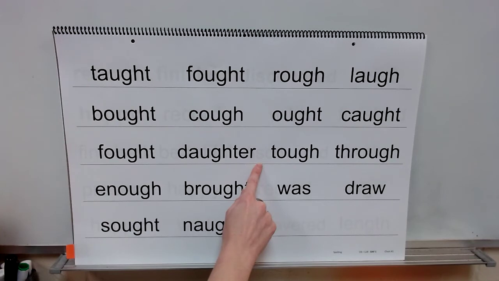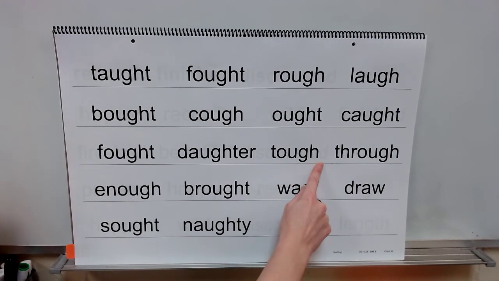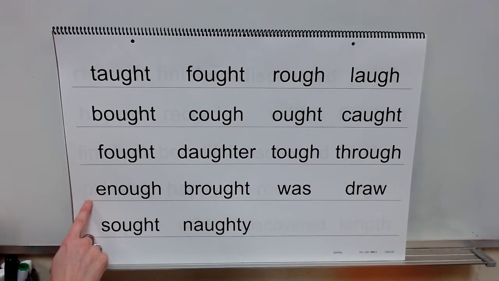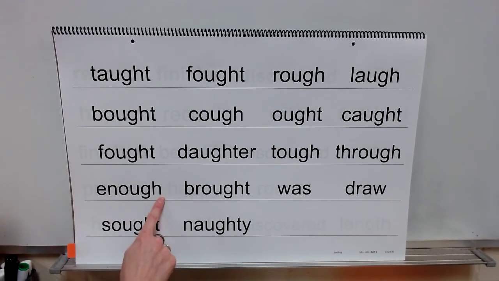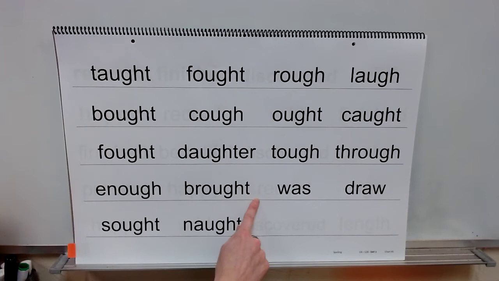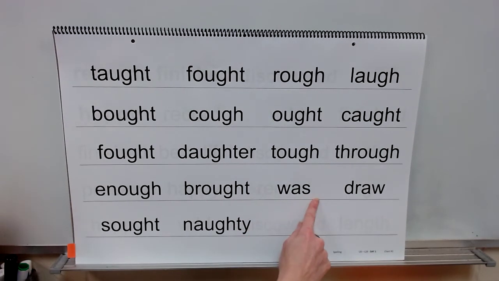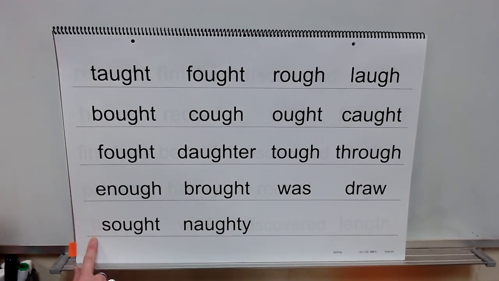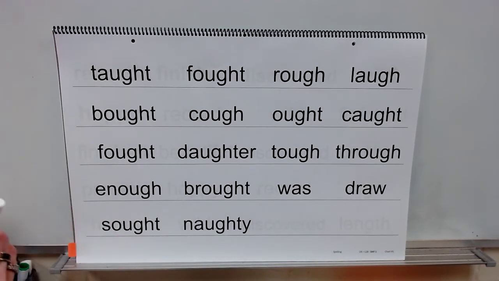Word, daughter. Word, tough. Word, through. Word, enough. Word, brought. Word, was. Word, draw. Word, sought. And word, naughty. Let's practice spelling some of these words.